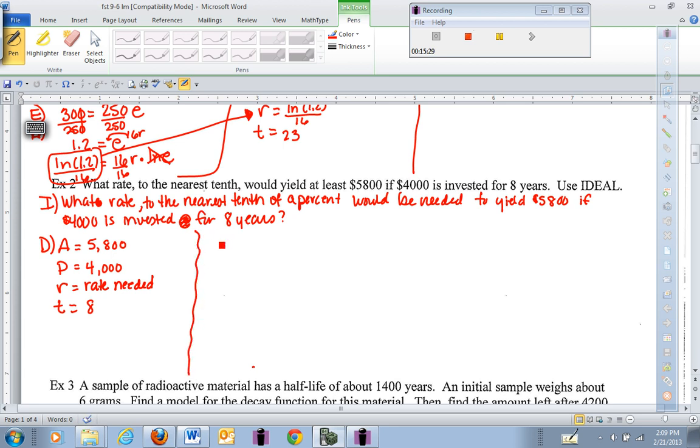Okay, since I'm writing so big, I'm going to put my E over here. I'm going to take A equals P E to the RT, and we're going to substitute into that equation. So we're going to say 5,800 equals 4,000 E to the 8R.